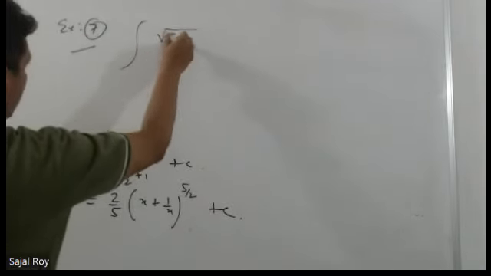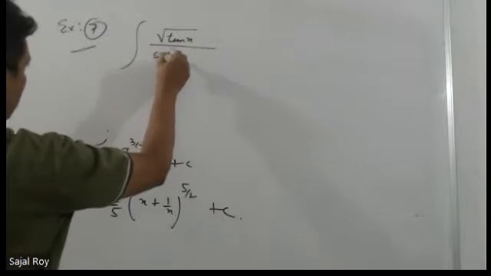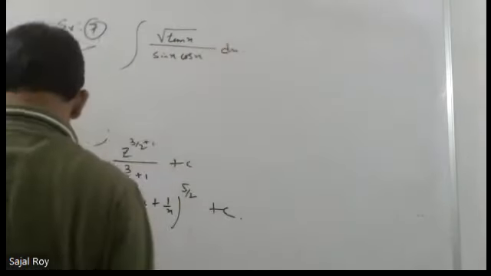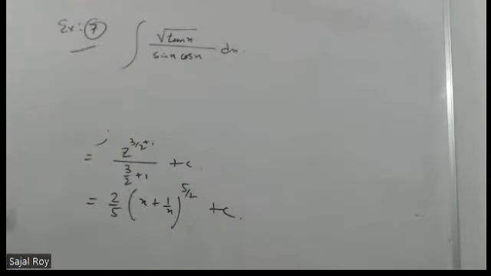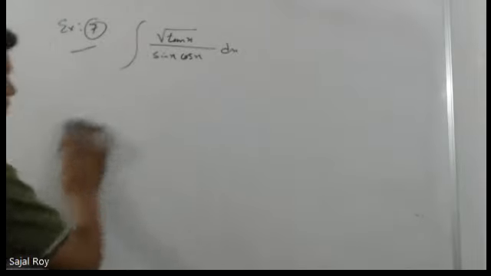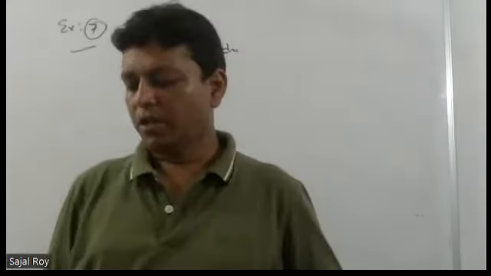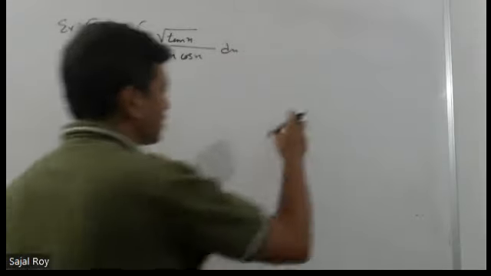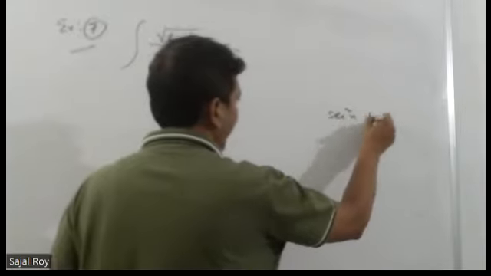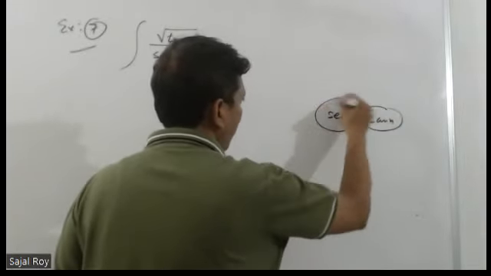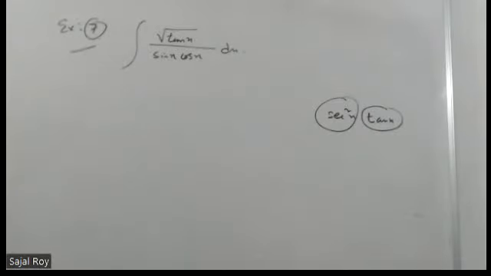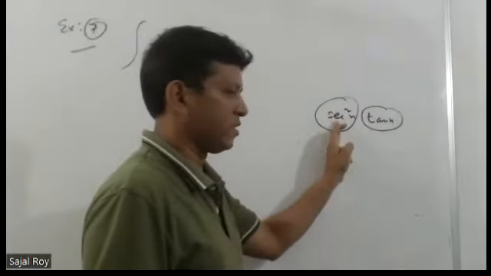Next is root tan x over sin x cos x dx. In case of trigonometric integration, your target will always be sec square and tan in this form, because the derivative of tan x is sec square x dx.